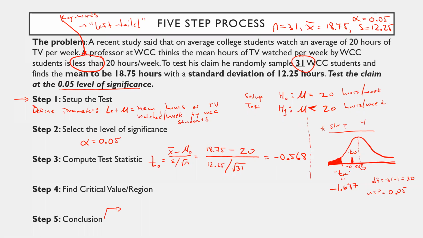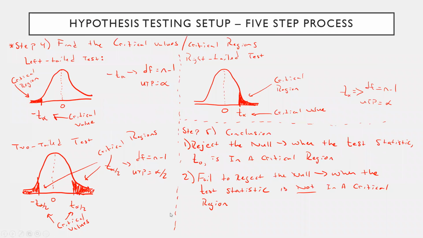Is it inside or outside the critical region? Outside. Okay. So it's not in the critical region. So when it's not in the critical region, are we going to reject or fail to reject the null? Fail. Say it louder. Fail. We're going to fail to reject the null.